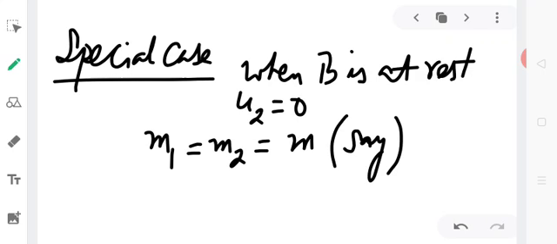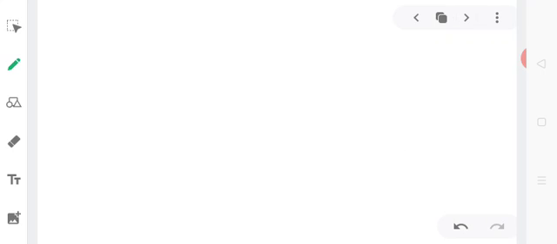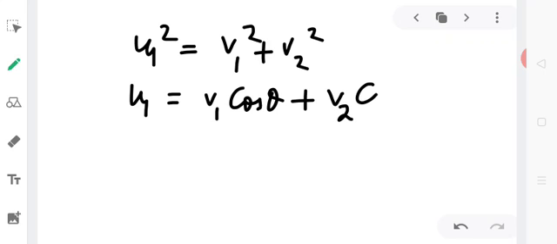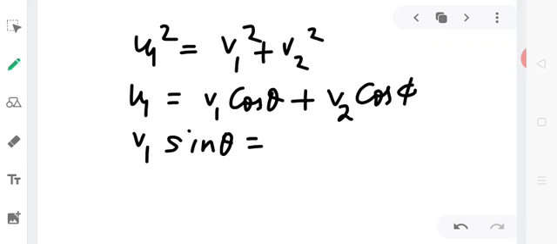So now we can substitute these values in the 3 equations that we have obtained earlier, and then we will get u1 square equal to v1 square plus v2 square, then u1 equal to v1 cos of theta plus v2 cos of phi, and v1 sin theta equal to v2 sin of phi.